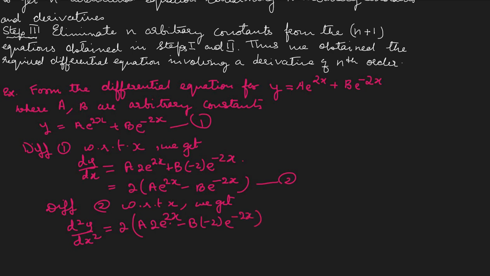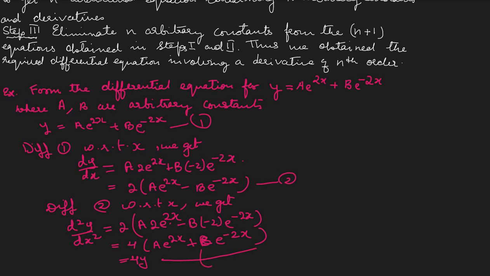So we have 4a e to the power 2x, and minus into minus will give you plus, so plus b e to the power minus 2x. But what is a e to the power 2x plus b e to the power minus 2x? It is nothing but y, so you replace it by y.